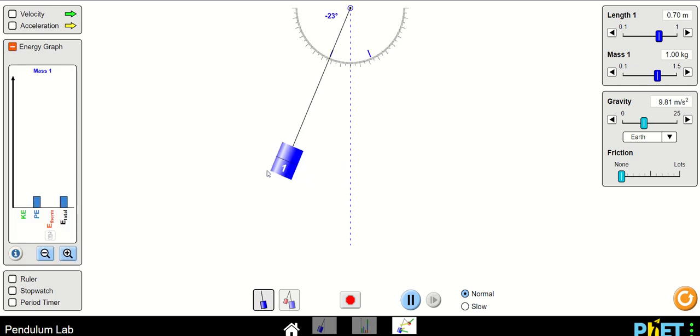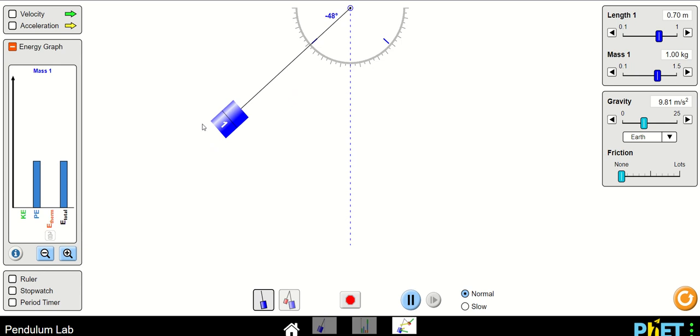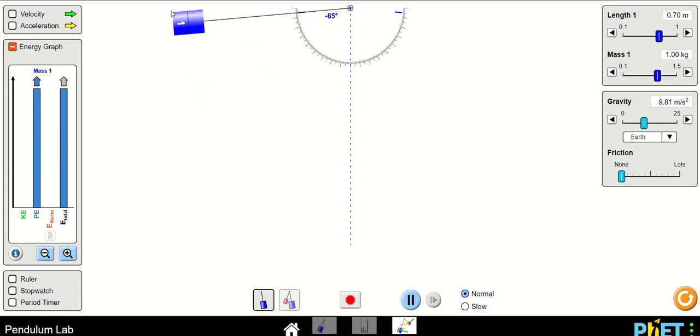So looking at this one, see at highest point. Nakita niyo dito sa screen na to, di ba? At highest point, the potential energy is at maximum and the total energy, which is mechanical energy, is also maximum, which is only equivalent to PE.